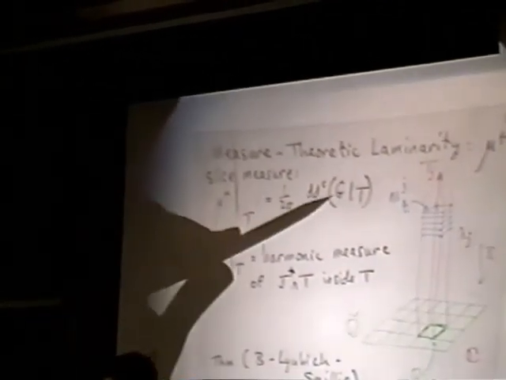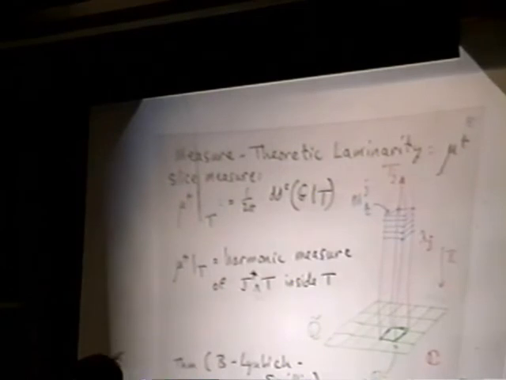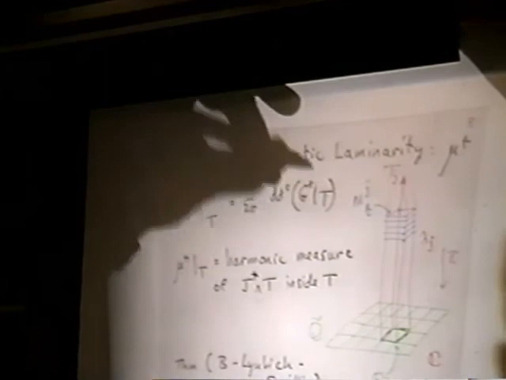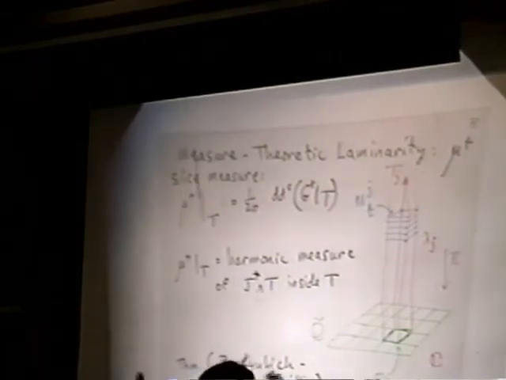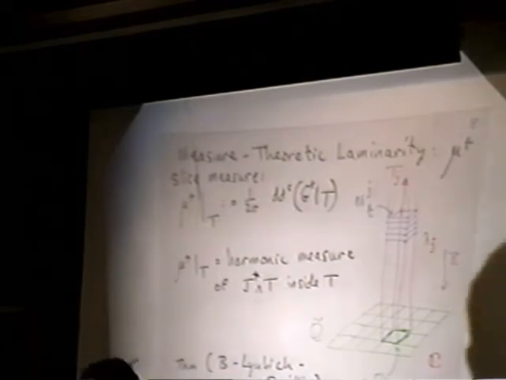And since G is a continuous function, we can restrict it anywhere we like, and that restriction varies continuously, and we can define slice measures. Also, I should have had a plus on top of the G. It's G plus here. Since G plus is a function that's harmonic outside of K plus, this is also harmonic measure. So it's a familiar measure, a good measure.